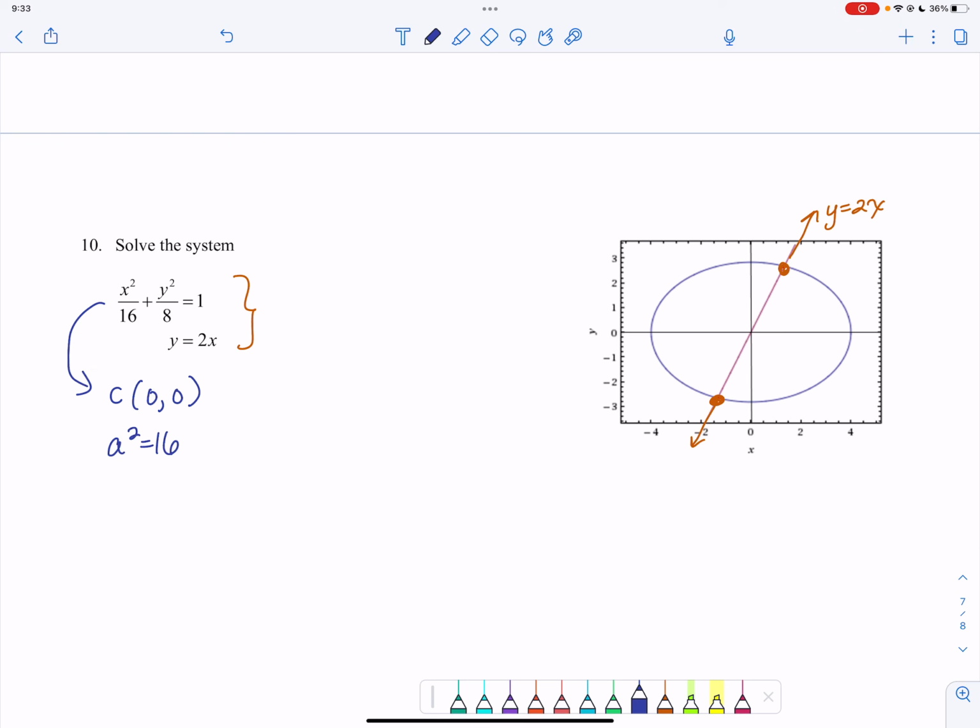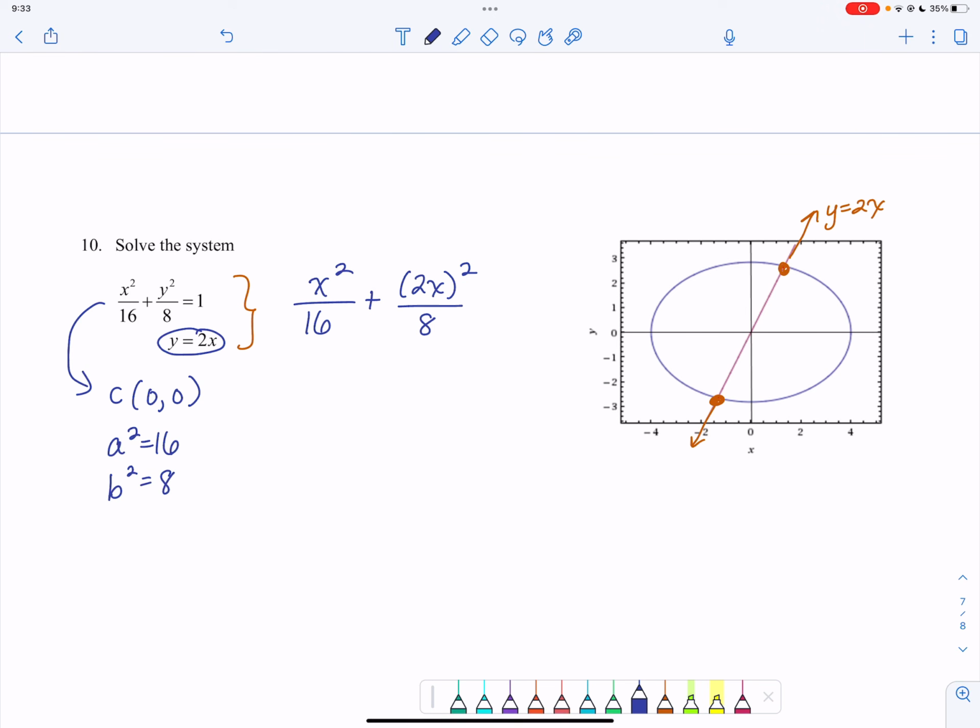The x-axis is the major axis. So we will have, go ahead and put here x squared divided by 16 plus, and now as you can see we have y equal to 2x. So we know that we have 2x all squared there, and 8 is underneath the y squared term, just so that you have that.